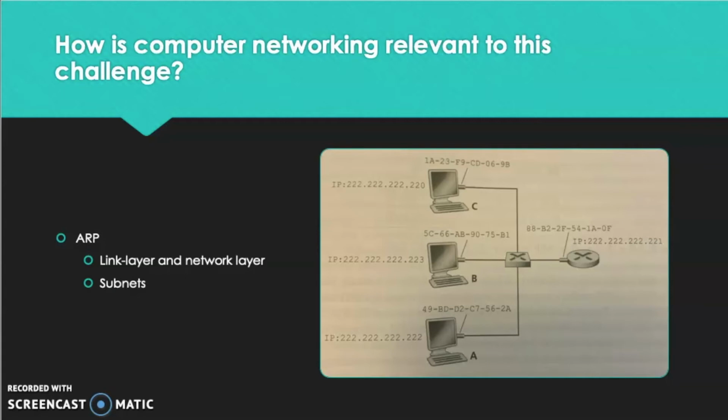The photo you see there is very similar to the one before, but it's from our textbook, and it shows the translation from IP to MAC, how different they look, and how that flow works between the subnet and the individual users' computers.